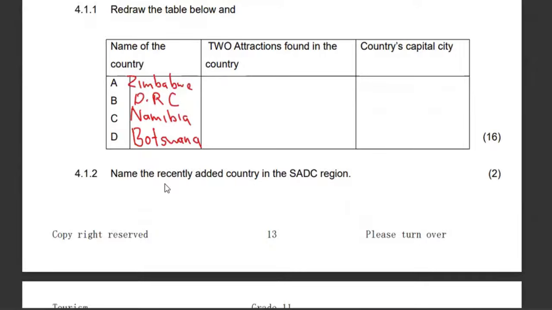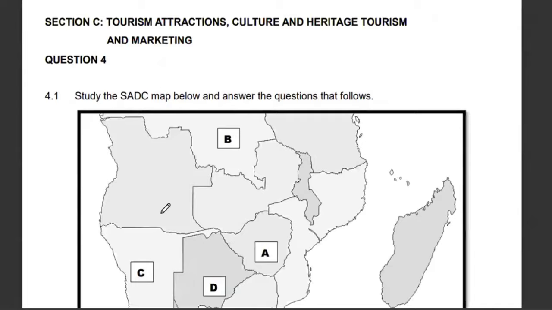Before I deal with the attractions, I'll just label these on the map so that they can be visible. So this is DRC. This is Zimbabwe. Then this is Namibia. Then this is Botswana.